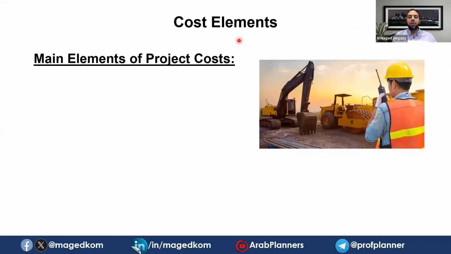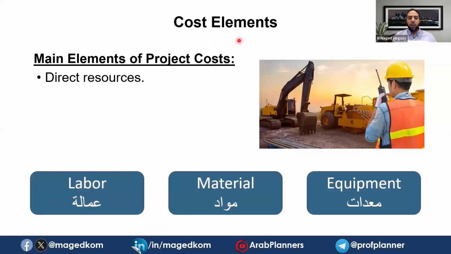If we go to the main cost elements, normally when we say cost, we have direct resources, which are labor, material, equipment, directly doing the work on site, doing every item.